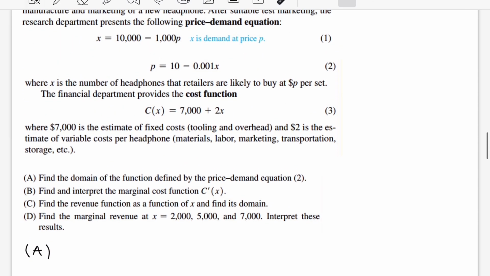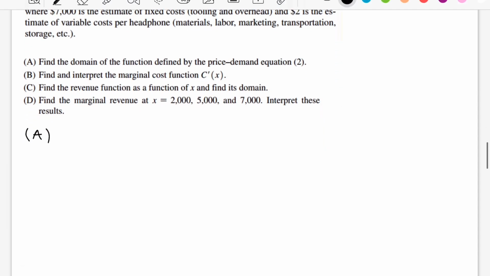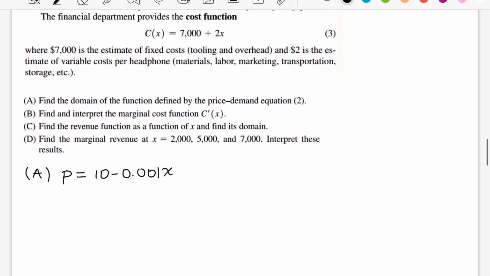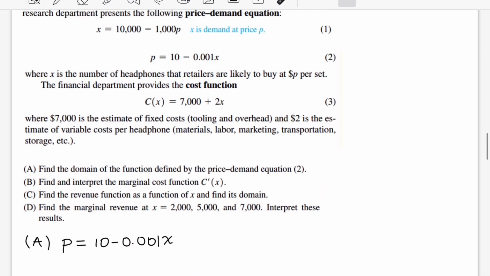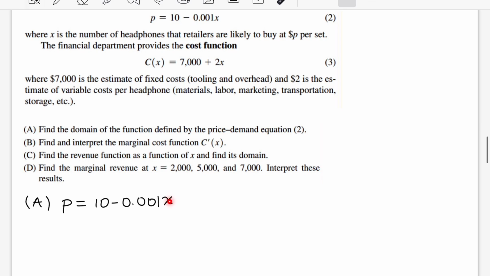So we're looking at this equation here, so I'll write that down here. All right, so we want to find the domain. Something to note here is that we're talking about the price of something and the demand of something. So immediately we know that X, our demand, is never going to be negative, and our price can never be negative either.